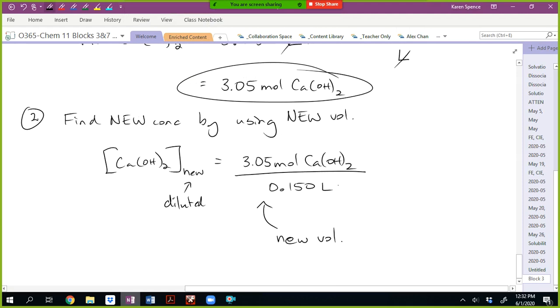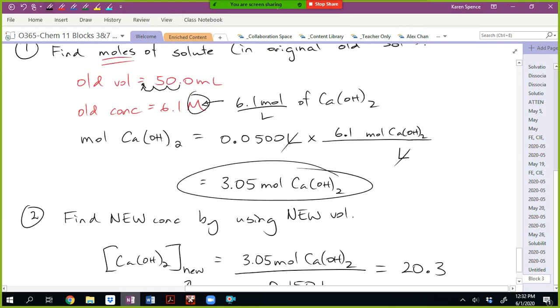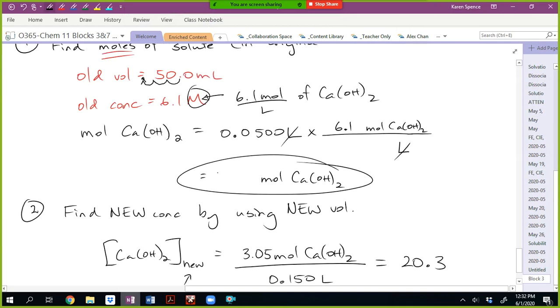Okay, so we're going to put in our new volume here. 0.150 liters equals 20.3. And this is where I realize I've done something wrong. I can't dilute it and have a bigger concentration. Oh no! Where did I go wrong? I must be plugging things into the calculator wrong. Oh, it's not 3.05, it's 0.305.